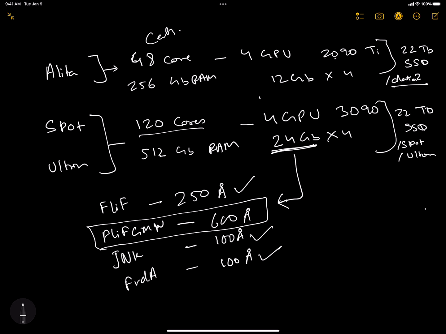It helps get a high resolution structure, because I don't have to bin my images, which leads to a low resolution structure, and it also avoids crashing of the programs many times. So for anything bigger than 300 angstrom, you probably want to use Spot or Ultron. Anything above 400 angstrom, I would definitely recommend using Spot or Ultron.